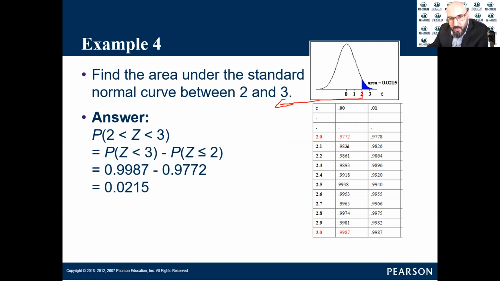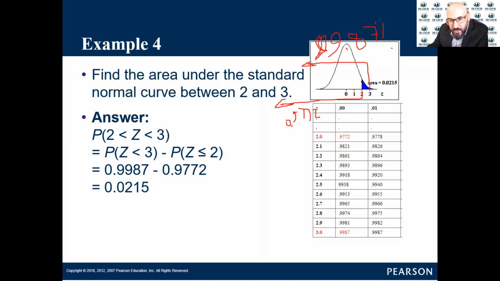If you look into the table, you will find a value of 0.9772, which means 97.72% of the data is located on the left of the two standard deviations. And if you go to the area under the curve for the Z-score of 3, that would be 0.9987, or 99.87%.